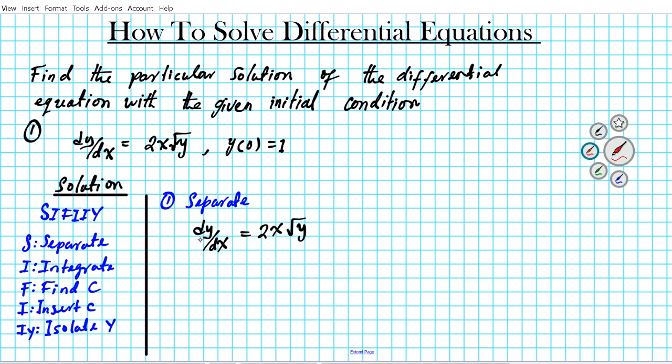To move dx to the right, I multiply both sides by dx, which leaves me with dy equals 2x root y dx. Then to move y to the left side, I multiply both sides by 1 over root y. So we now have 1 over root y dy is equal to 2x dx.